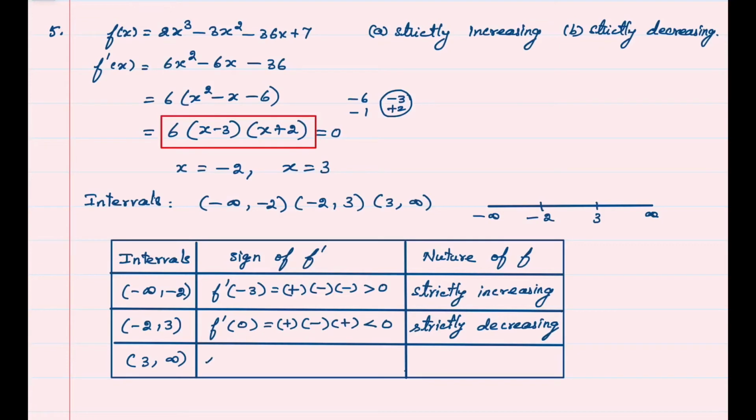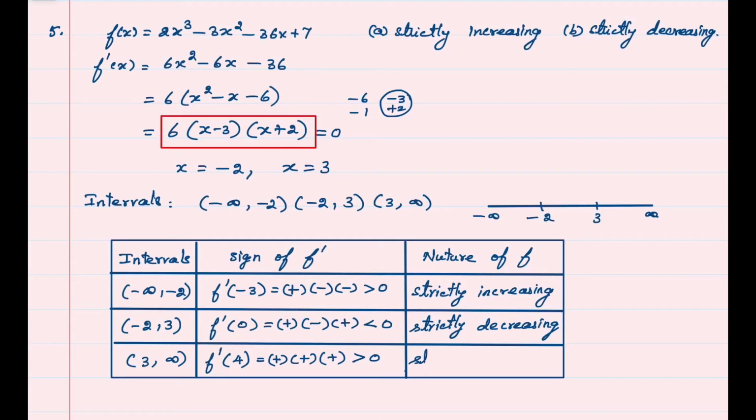Now, let us check for the third interval. F dash of, we will take a value from this interval. Any value can be taken. We will take 4 and substitute in the factorization step, which is marked with the red box. 6 is positive, 4 minus 3 is 1, positive, 4 plus 2 is 6, that is also positive. Product of 3 positive numbers is greater than 0.